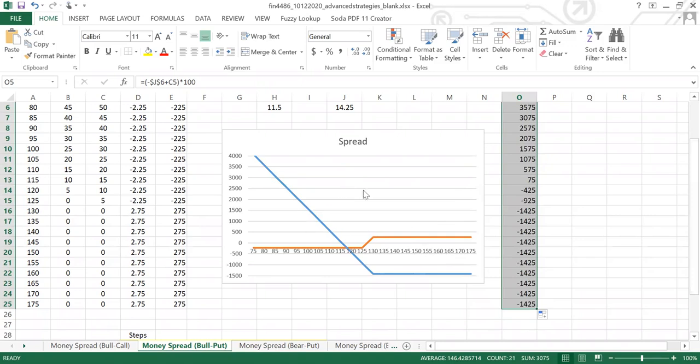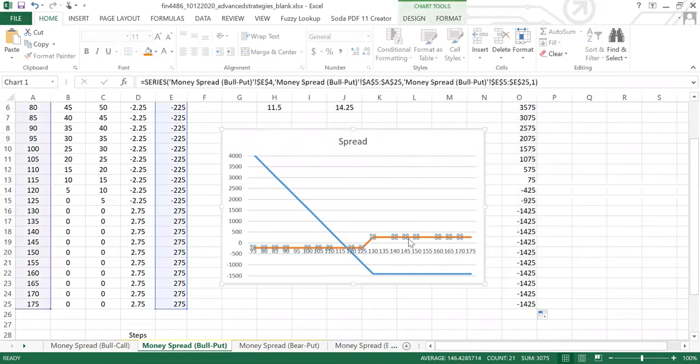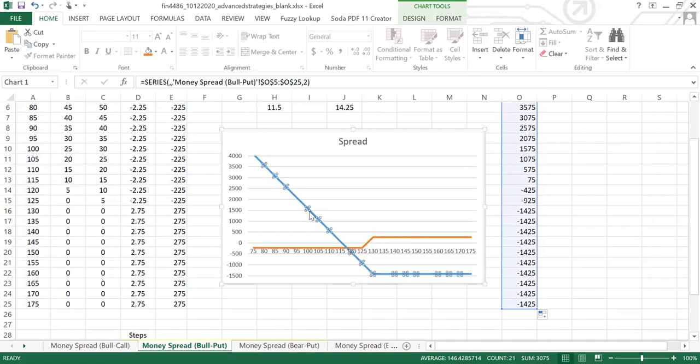Now, this chart has the two possibilities. What if you are investing in a put option, or if you're forming a bull spread with put options? And we see it's completely opposite because, given that this is a bull spread, even though you're building it with put options, you are gaining money in the strategy, the orange line, when the stock moves up, which is completely the opposite to what happens with each of the put options, in which you're used to getting money when the stock price moves down.